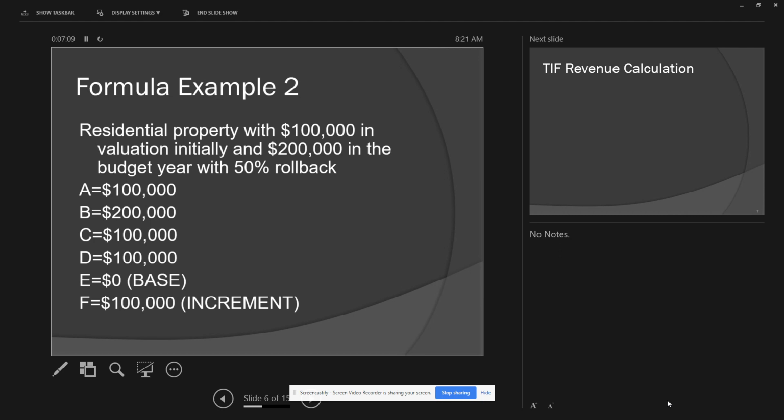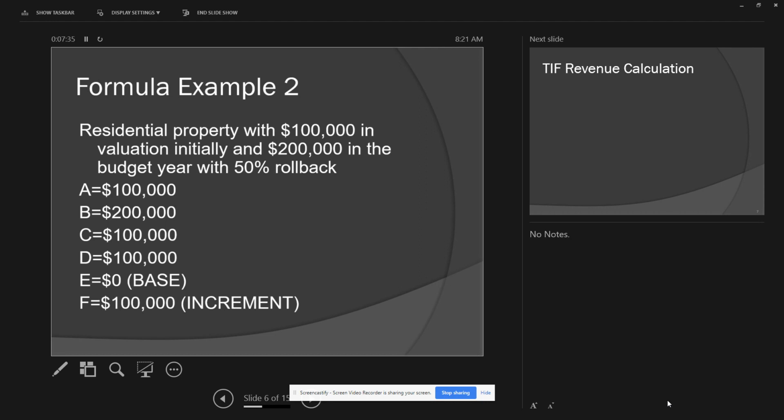So we're just going to say a straight up 50% rollback for ease of calculation. So our frozen base value was at 100,000. That was what it was a few years ago before any TIF happened. Now, a few years later, it's actually valued at 200,000. There's $200,000 of value in this particular instance.